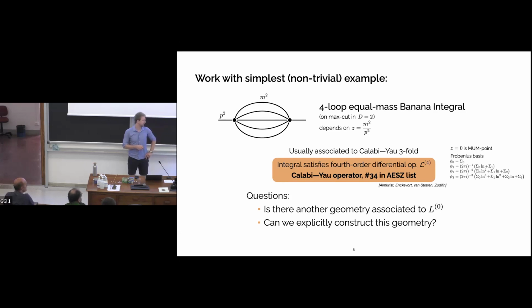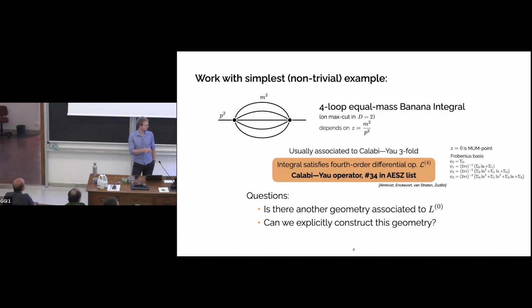For one-dimensional operators, there is a class of so-called Calabi-Yau operators, naturally associated to Calabi-Yaus, and you can find this operator in lists of them: number 34 in the AESZ list, made by these people here. So there are some nice things you can associate it to, just as context.